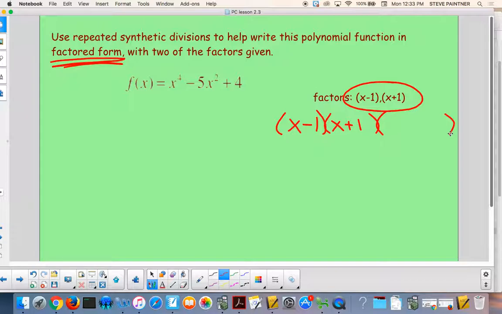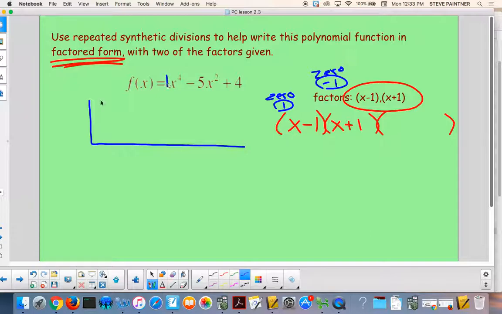Well, you guys, if this is a factor, what 0 comes out of this one? 1. The 0 is 1. What's the 0 out of this one? Negative 1.